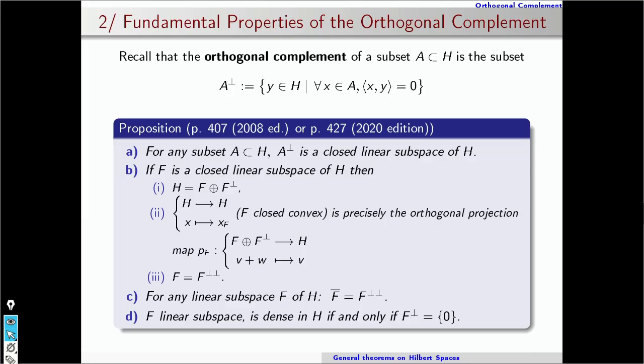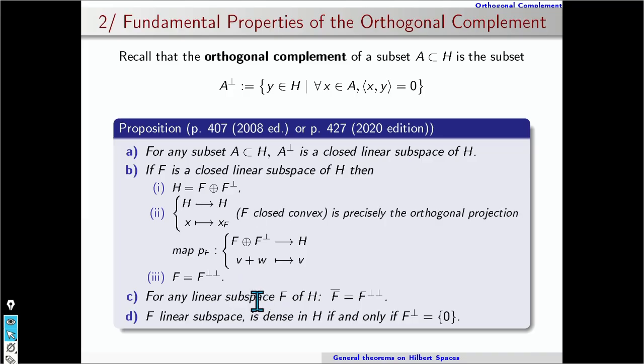Let us recap what we have established. So for an arbitrary subset, the orthogonal complement is always a closed linear subspace. And for a subset F, which is a closed linear subspace, H decomposes as F direct sum with its orthogonal complement. And the canonical projection map on each component coincides with the orthogonal projection map of the first section.